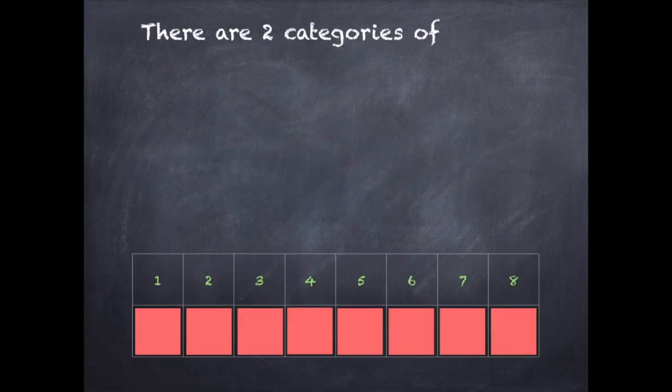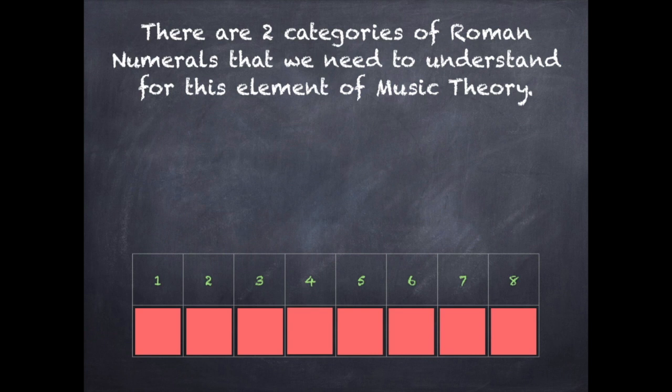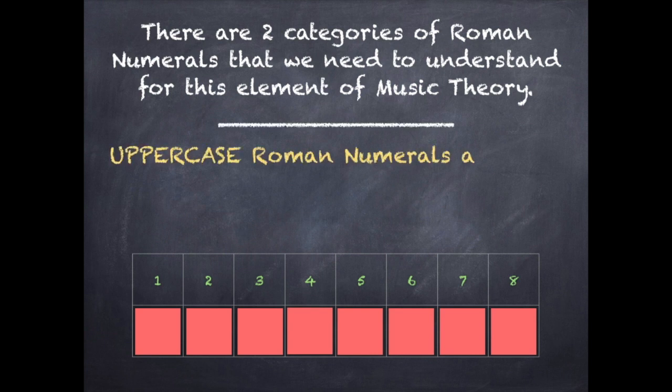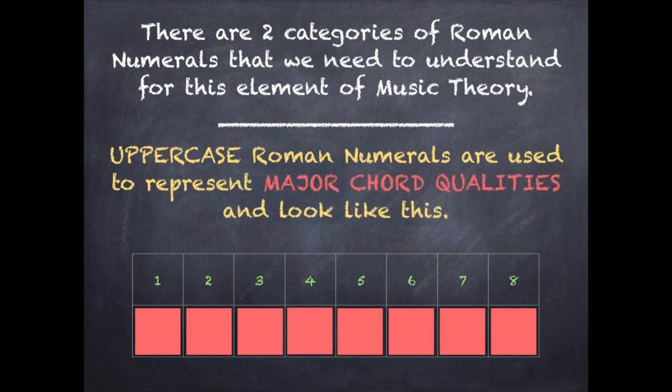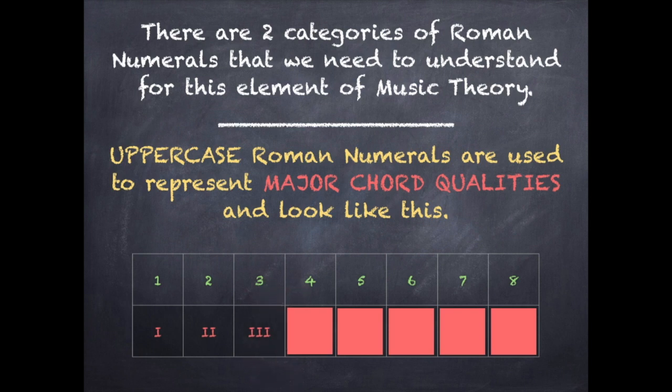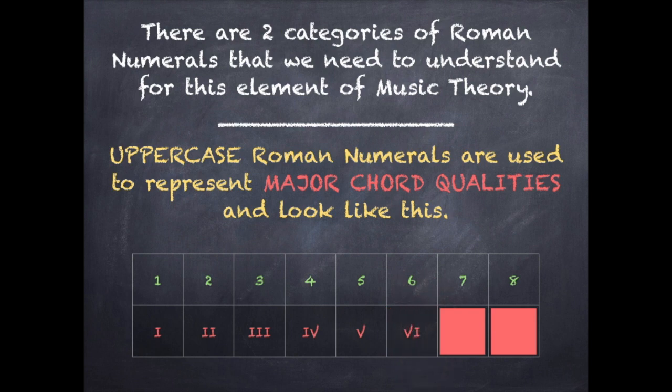There are two categories of Roman numerals that we need to understand for this element of music theory. Uppercase Roman numerals are used to represent major chord qualities, and they look like this. 1 is a single I. 2 is 2 I's. 3 is 3 I's. 4 is IV. 5 is V. 6 is VI. 7 is VII.